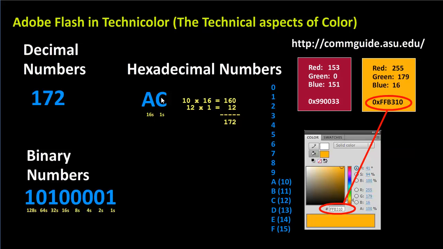Here we have a value of 0 to 15 for each digit. But in order to represent each digit as a single character, we have to go from 0 to 9 and then add in 6 letters. So A is 10, B is 11, C is 12, D is 13, E 14, and F 15. So in this particular case, we have A 16s, which is 10 times 16, that's 160, and C, which is 12 ones. 160 plus 12 gives us our hexadecimal equivalent of the decimal 172.